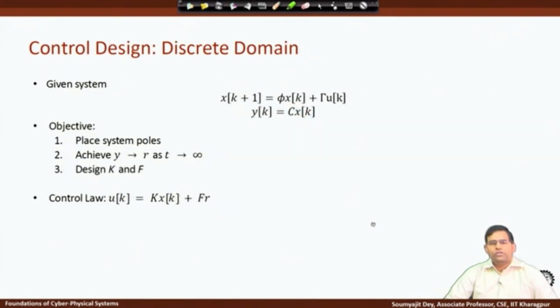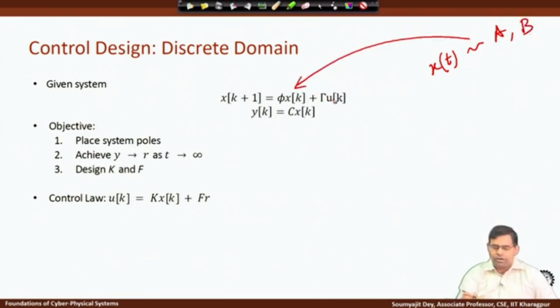Now, let us come to the issue of, well, we have successfully understood that given the system in the continuous domain with parameters a and b, how to transform it to phi and gamma.